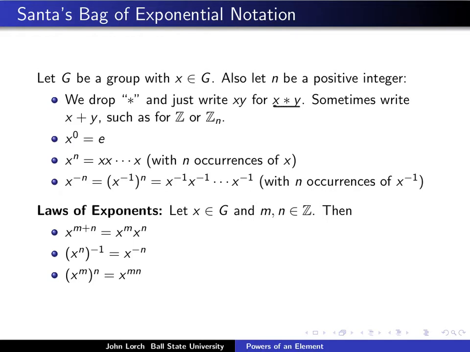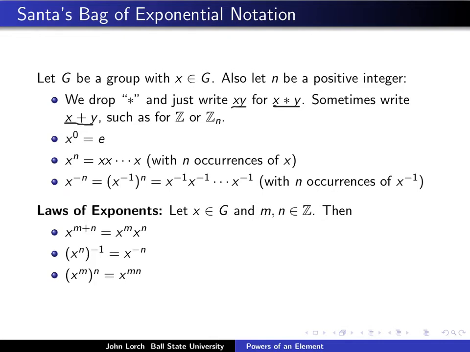From here on forward, we're going to drop that star and just write x, y together to indicate that we mean to multiply x and y in our group. Now in additive groups, like the integers or the integers mod n, we will instead write x plus y to combine two elements.